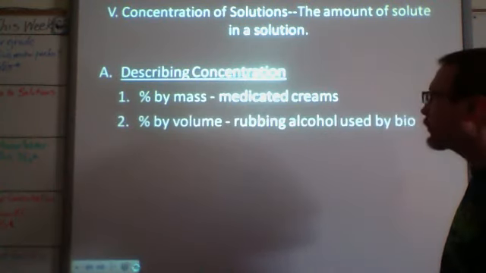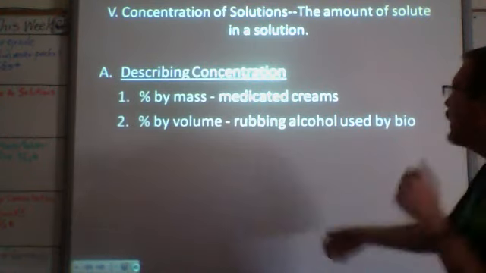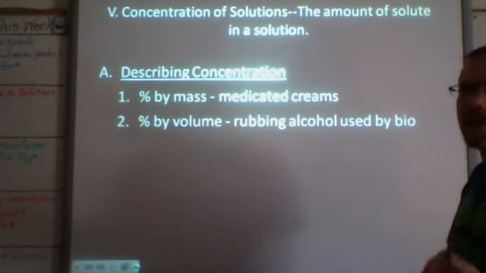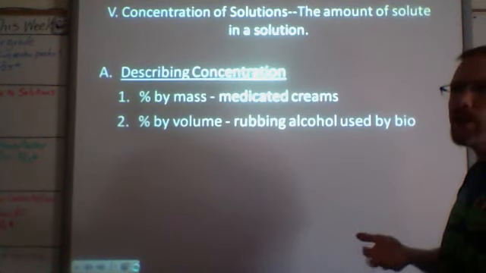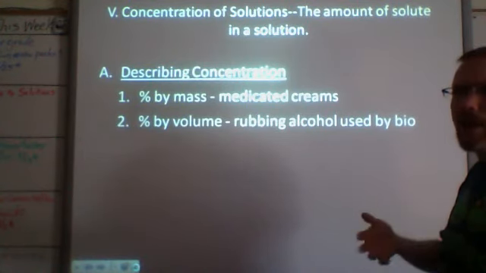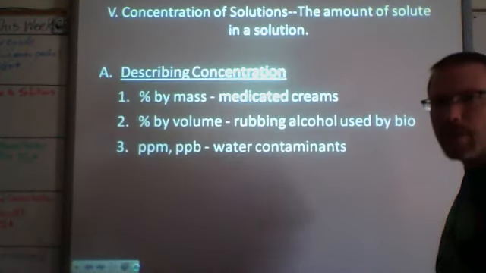Percent by volume is another one. Rubbing alcohol is one that you see. Rubbing alcohol, I think you can buy over the counter in two different concentrations. One is like 80 some percent alcohol, and the other is like 90 some percent alcohol, and that's by volume.